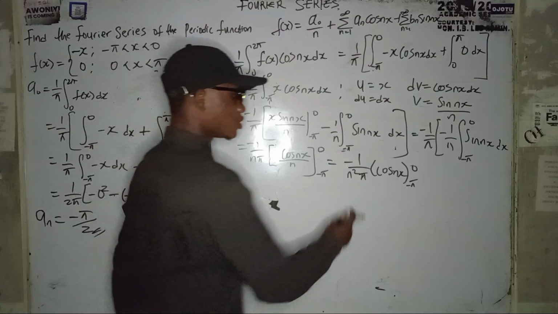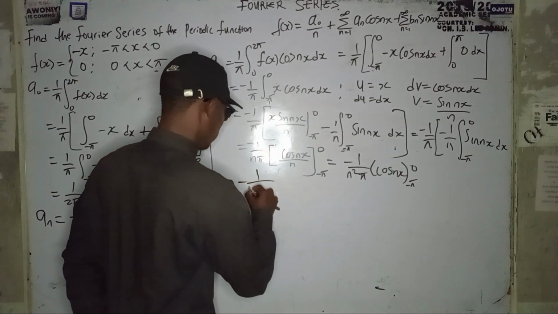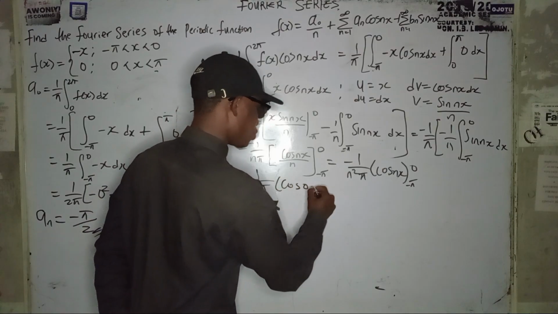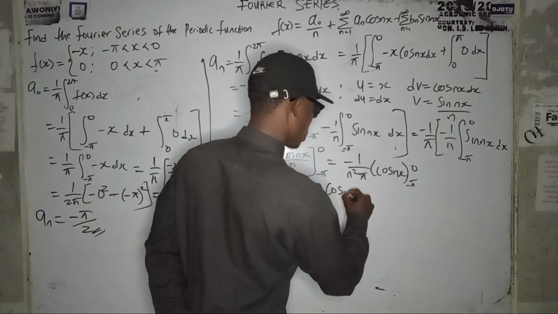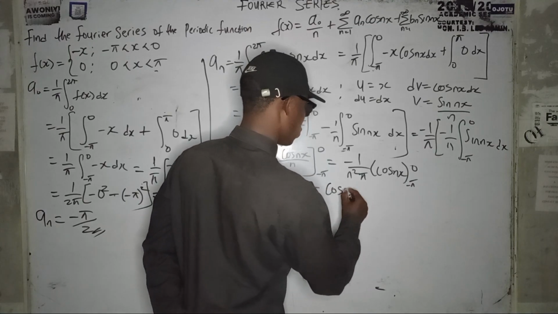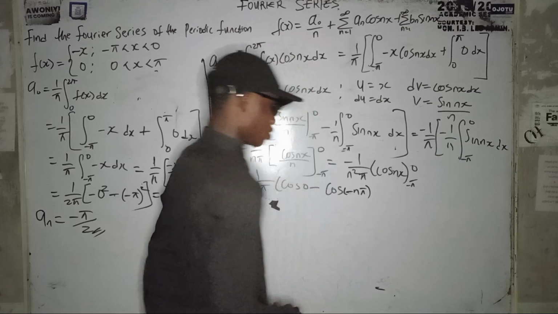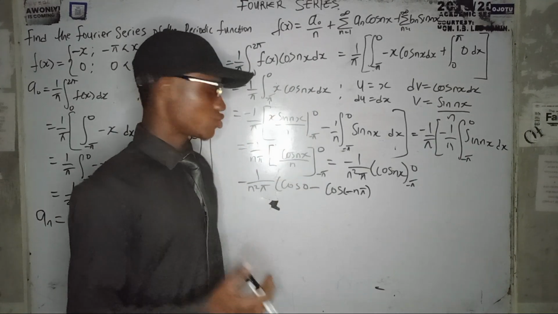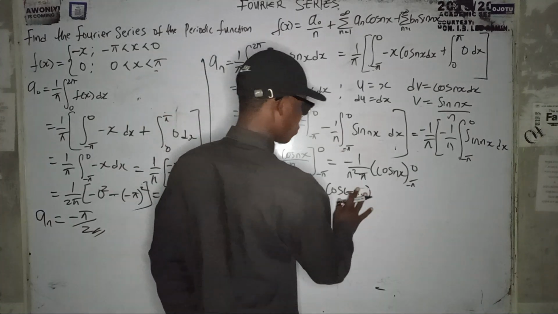So if we move on with this, we just repeat our values. We have minus 1 over n squared pi into brackets cos 0 minus cos of minus n pi. But cos is an even function, so even if you have a negative value there, it is going to be positive.